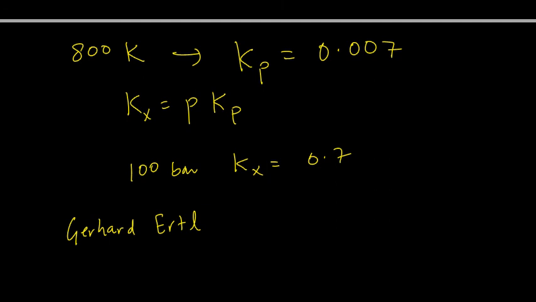But he elucidated the mechanism of formation of ammonia. It's essentially nitrogen and hydrogen which get adsorbed on the catalyst, break up into atoms, and the atoms combine together. Then we'll do it in kinetics as an example. He didn't get the prize for discovering the reaction mechanism of ammonia, but for lots of other studies. But he was the one who discovered the reaction mechanism of formation of ammonia.